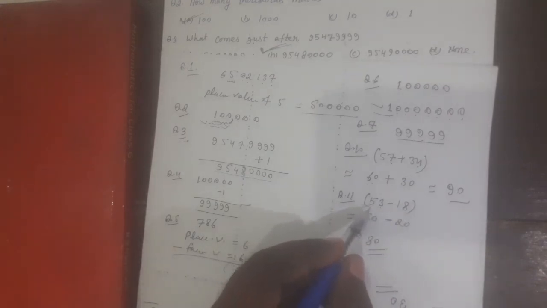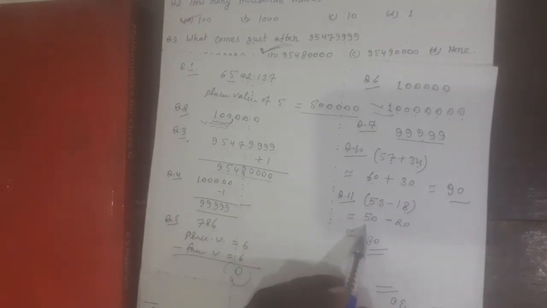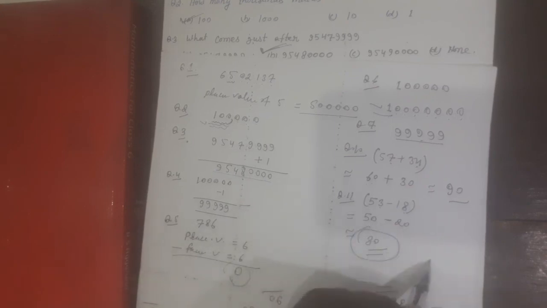When you round off 53, this 3 is less than 5, so 53 will be rounded to 50. And for 18, this 8 is greater than 5, so it is rounded to 20. Now you subtract: 50 minus 20 is 30. So the right option is 30. You can see clearly that option A is correct in this question.